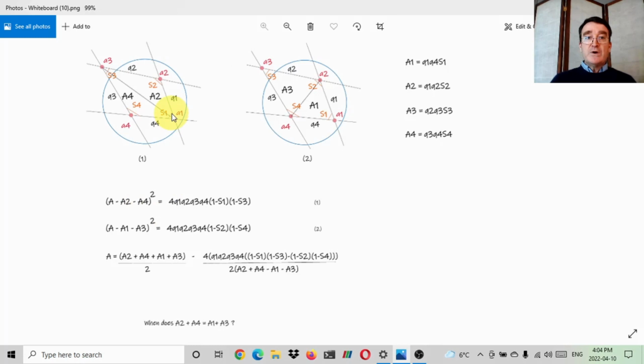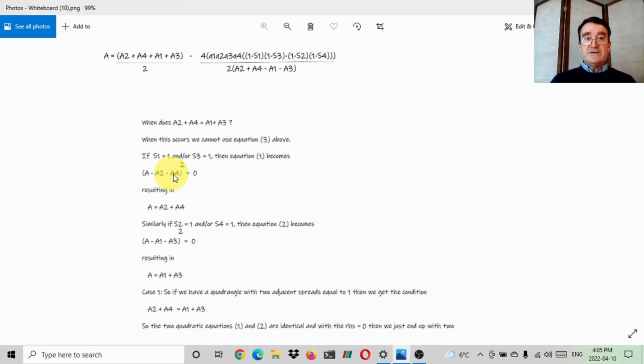So when you triangulate the quadrangle into two triangles, if the spreads along the chord that subdivides it, like S1 or S3, are equal to 1, then the quadria of the quadrangle just becomes the quadria of this triangle plus the quadria of this triangle.